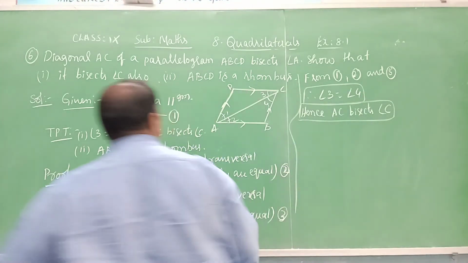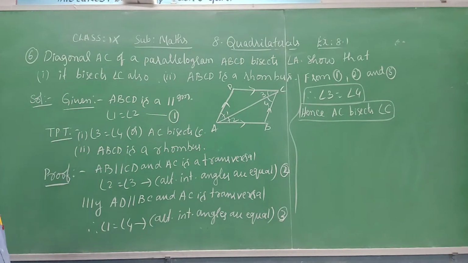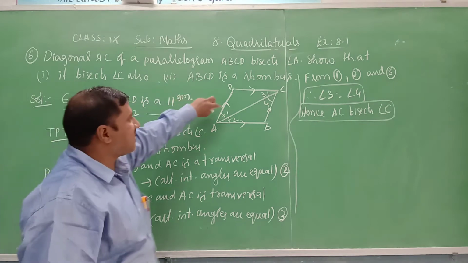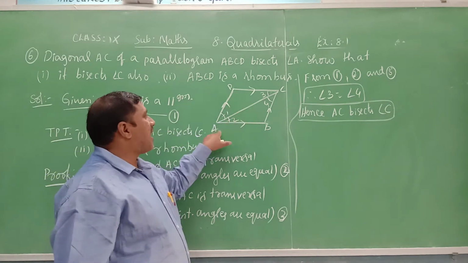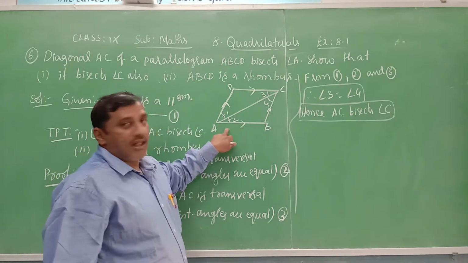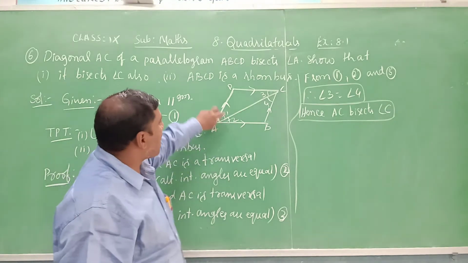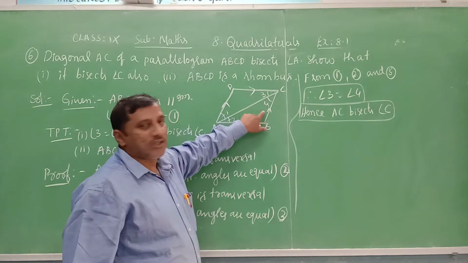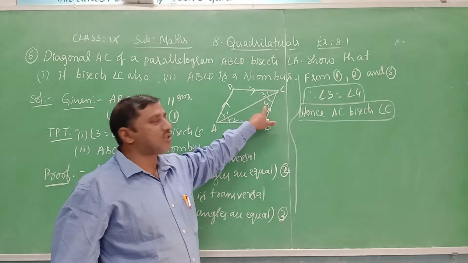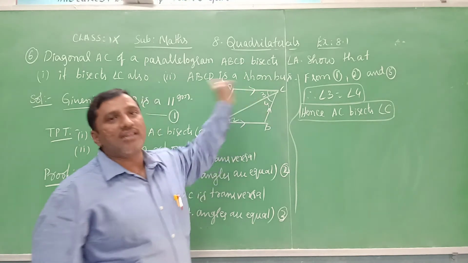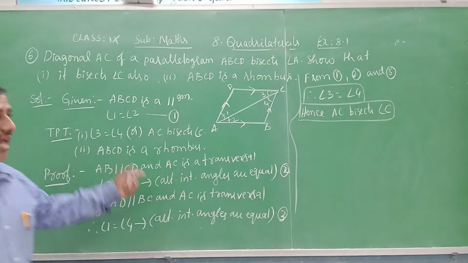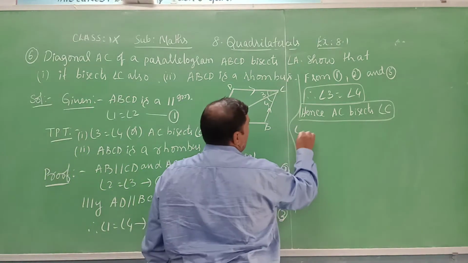Next, we need to prove ABCD is a rhombus. Now you consider here it is two triangles. So in triangle ABC, angle 1 is equal to angle 2 and angle 3 is equal to angle 4. We have proved angle 1 is equal to angle 4. That is, all the four angles are equal.